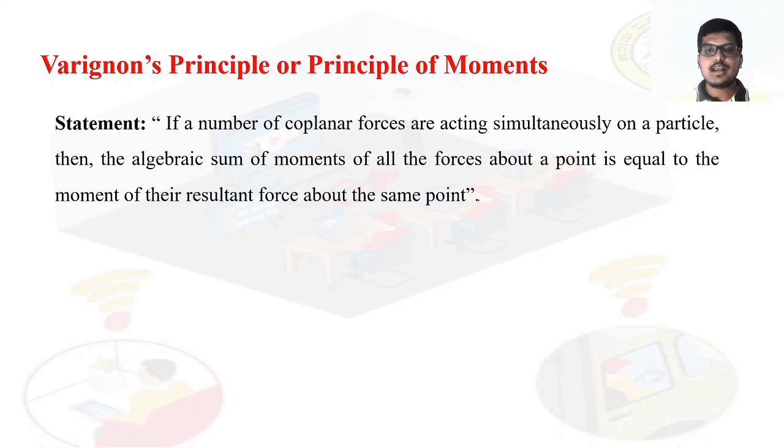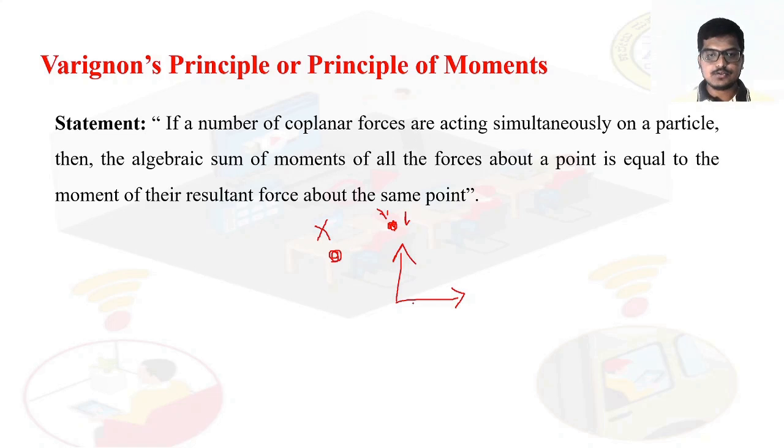So what they are telling is, a particle is there, and I am telling you the meaning of the statement. If a number of coplanar forces are acting on a particle simultaneously, then the algebraic sum of all the moments about a point, let us consider this point as x.